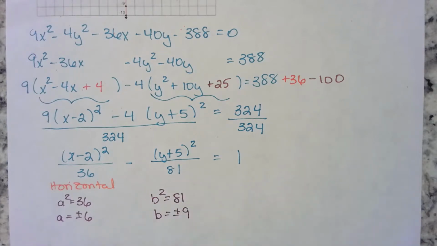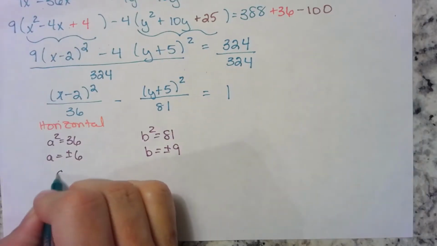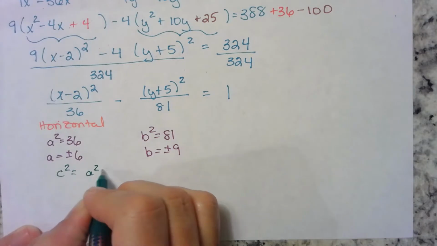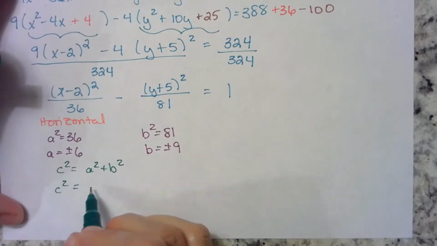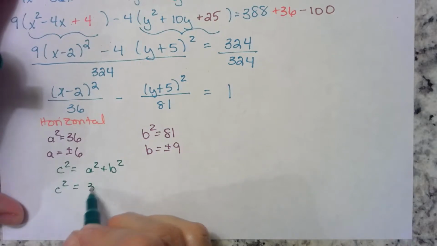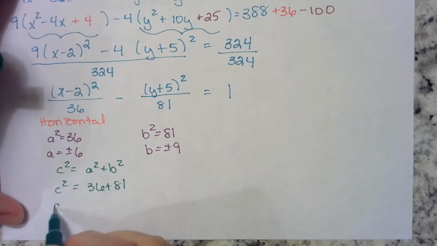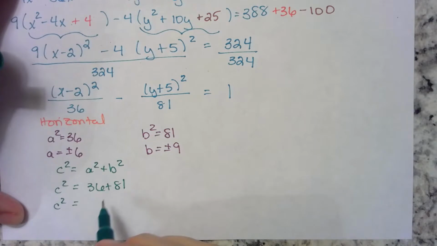From that we can calculate c. So you're going to have c squared is equal to 36 plus 81, which is 117.